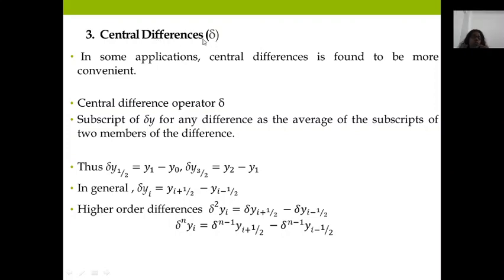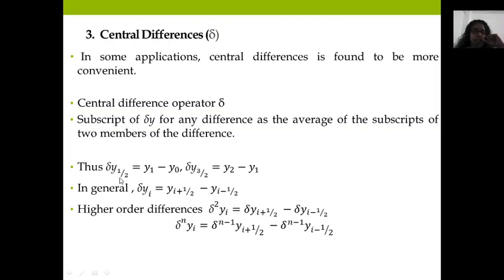Now we are going to see the third finite difference operator, known as the central difference operator, again denoted by delta, but small letter delta. You can see that the subscript of δy for any difference is the average of the subscripts of the two members of the difference. Let's see.